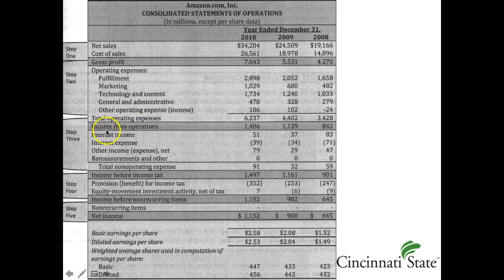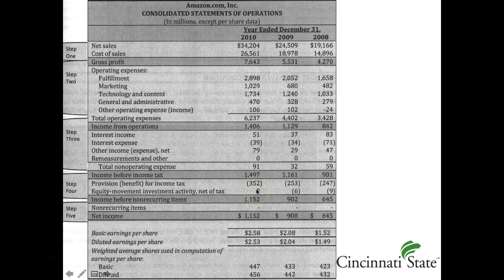In the third step, we see disclosed other revenues and gains and expenses and losses. We see that the company generated some interest, so they must have some securities that they invest in, and that brought them $51 million in interest income. They also borrowed because they had to face an interest expense of $39 million and some other items.